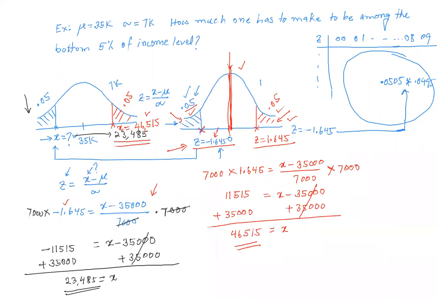On the table, if you look at negative z-scores, you will find the values inside the table closest to 0.05 are these two values. So they take an average of it and put the middle here. And if you look at the star, you'll see that the arrow goes back to this value.